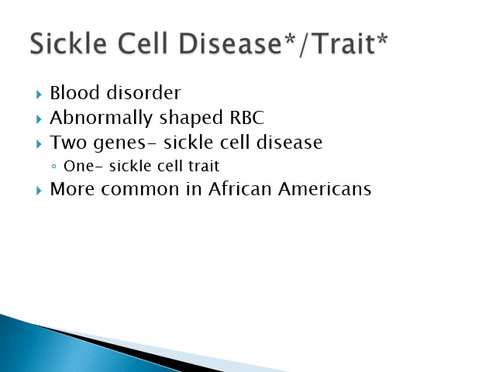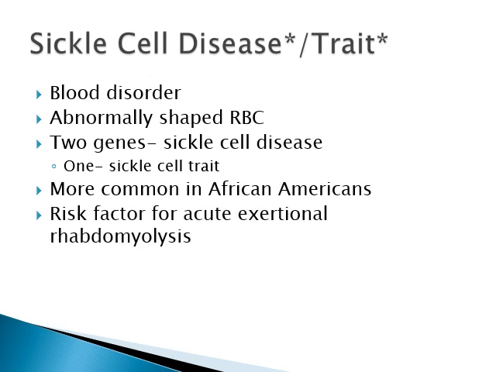This is more common in African Americans, so in particular it's good to screen for sickle cell trait, because it could get passed by and people might not realize they have it until an issue occurs. The biggest risk factor for sickle cell is what's called acute exertional rhabdomyolysis.